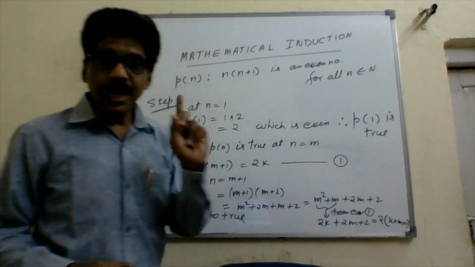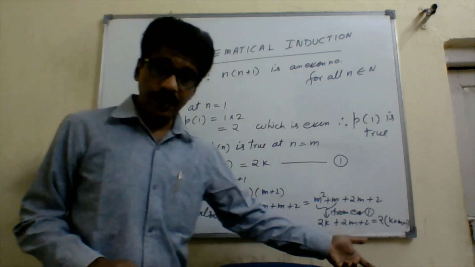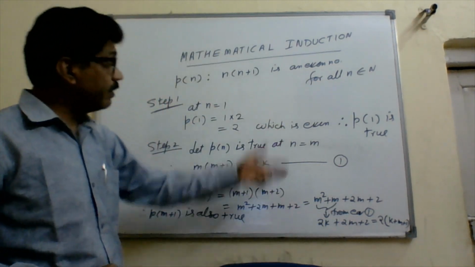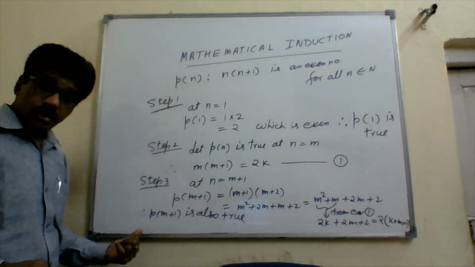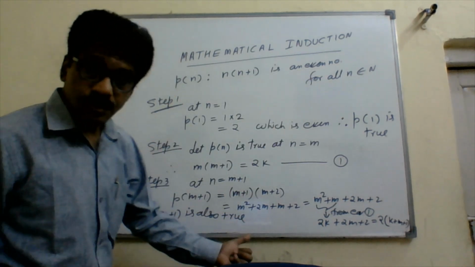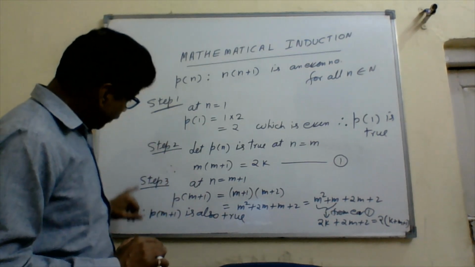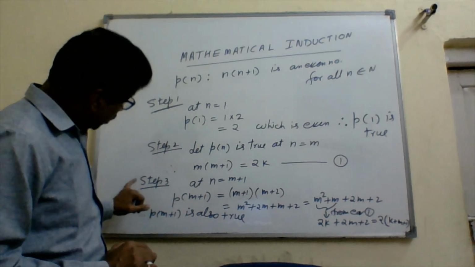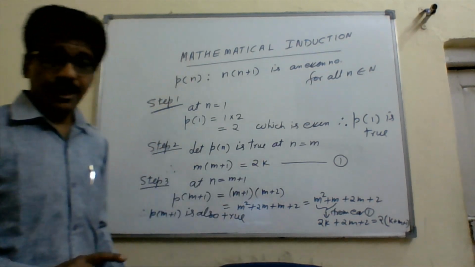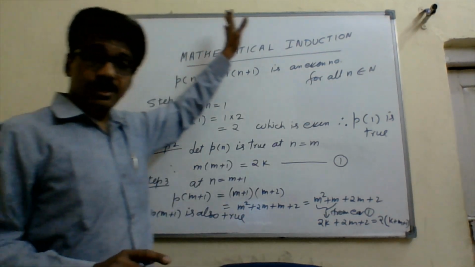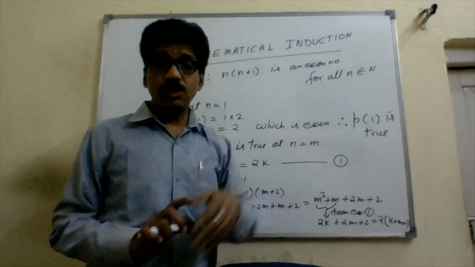That shows P(m+1) is also even, and if it is even, that means this statement is true at P(m+1) also. So we write P(m+1) is also true. Now, the moment we show that P(m+1) is also true, we can say that this statement is true for all natural numbers.